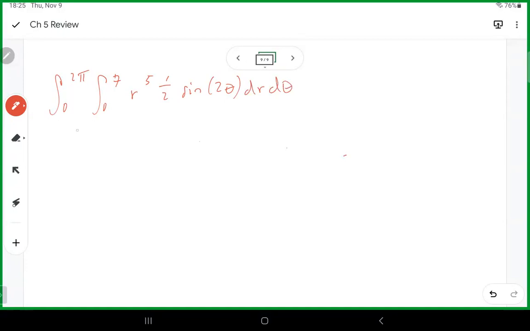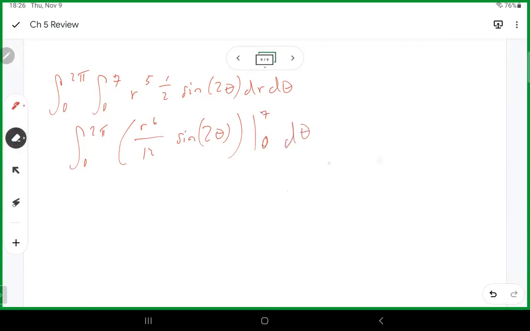Okay, then 0 to 2 pi, r to the 6th divided by 12, sine 2 theta, 0 to 7, d theta. Big gross number coming up. 117,649 over 12.